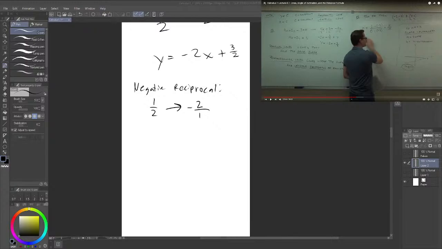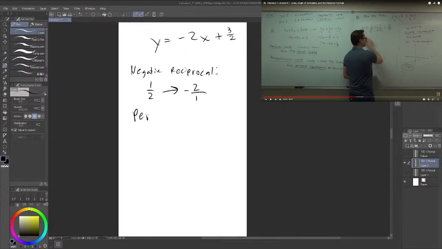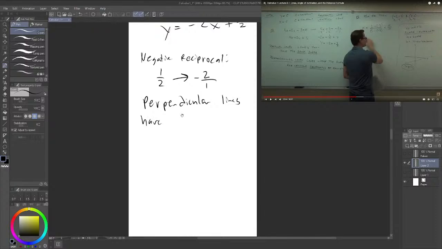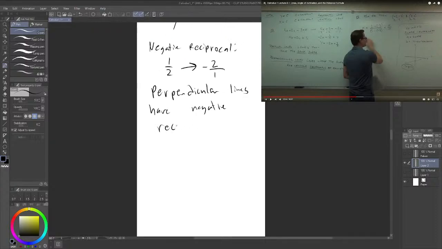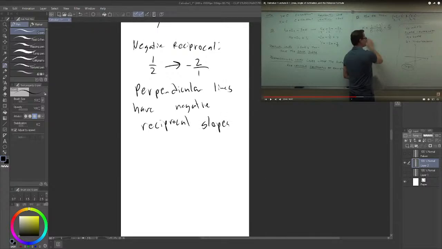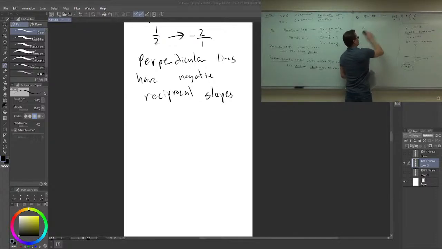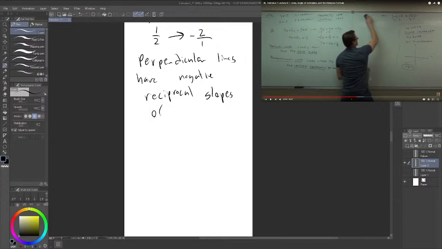Perpendicular lines, where the slopes are negative reciprocals of each other. Perpendicular lines have negative reciprocal slopes of each other. We're going to get to some training in just a bit.